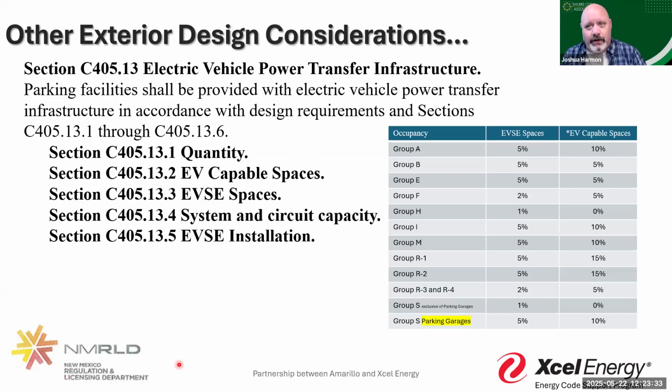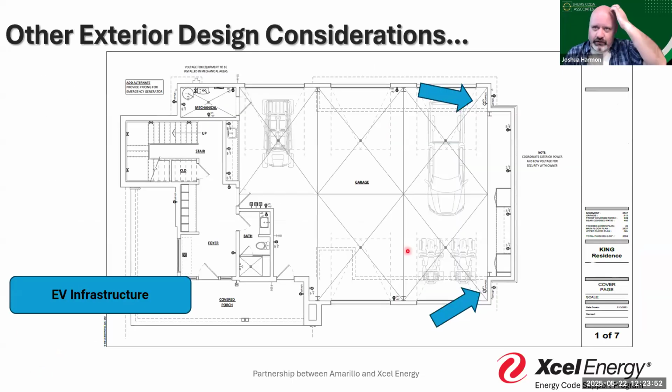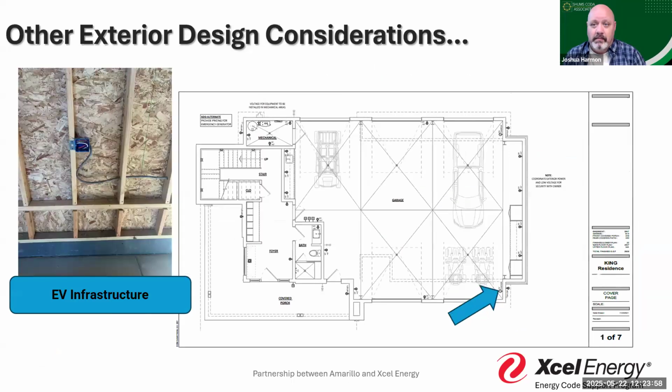This is a New Mexico requirement. This is not an energy code requirement. So just be aware if you have contractors, because I know some go south and some go west. If they come up with that question, you know why they're asking it. So, digression. What they'll normally see for those that do have it is going to be some kind of EV infrastructure. There's going to be a box.